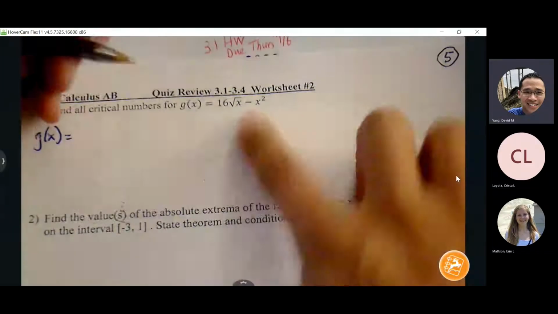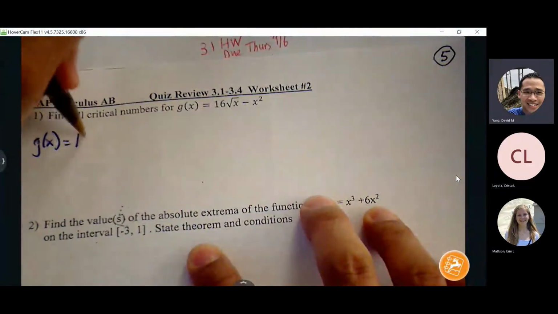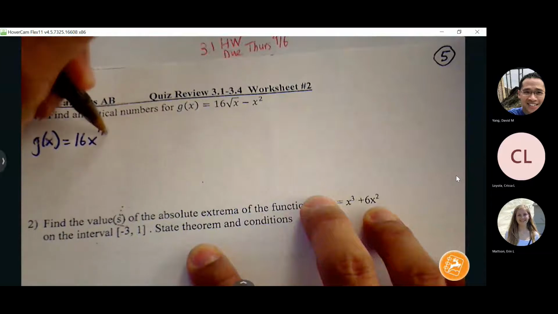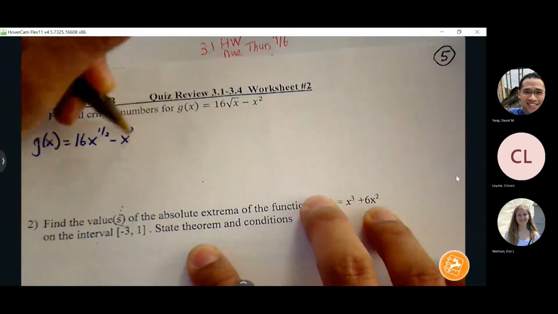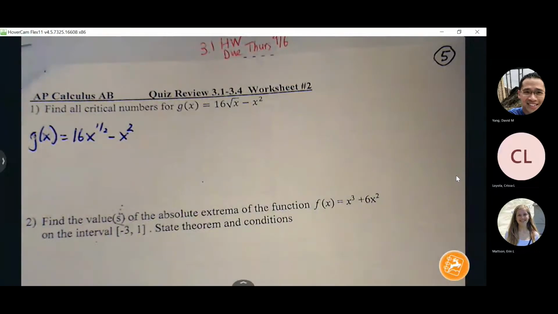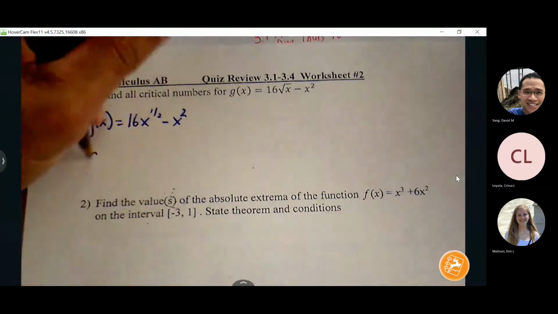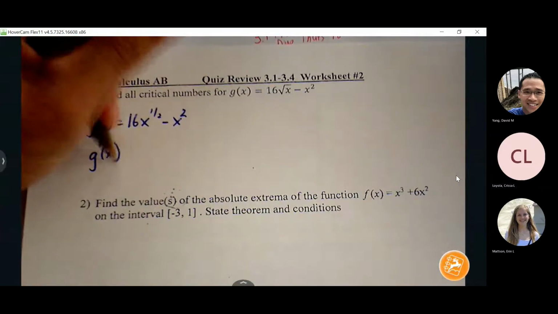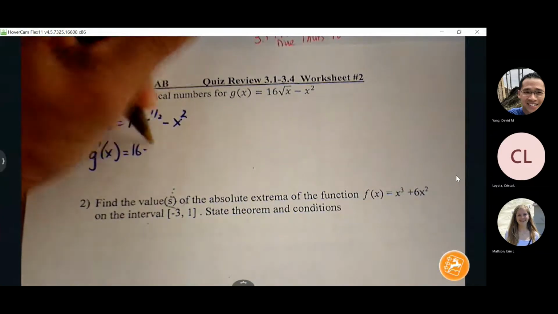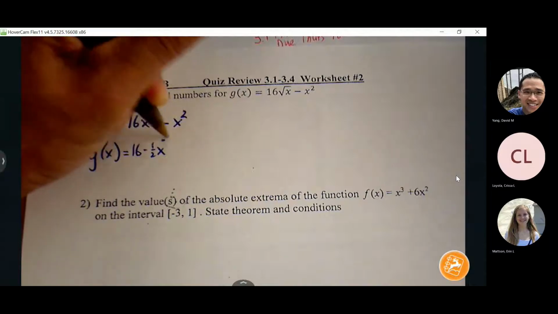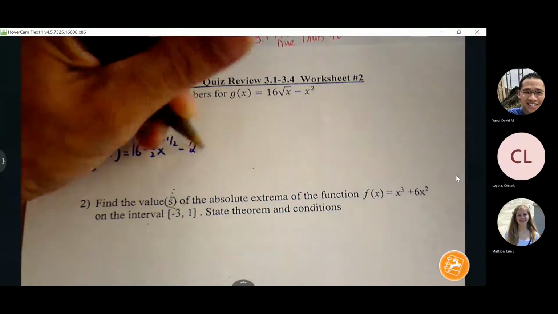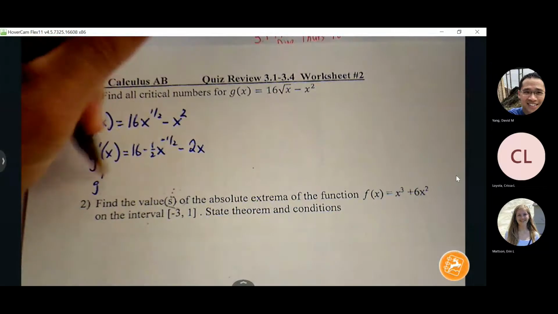So first things first, I'm gonna get my expression ready for power rule. Okay, find our derivative. Do some cleanup.